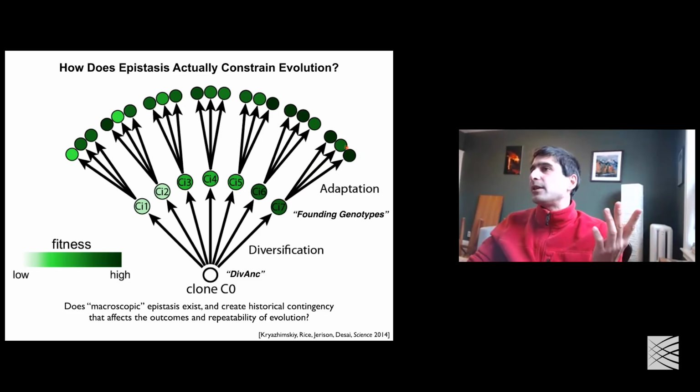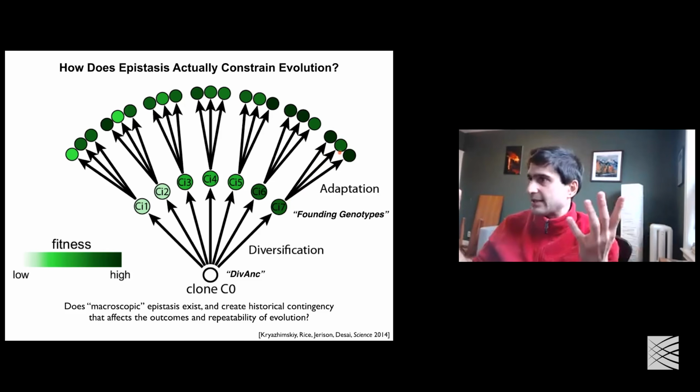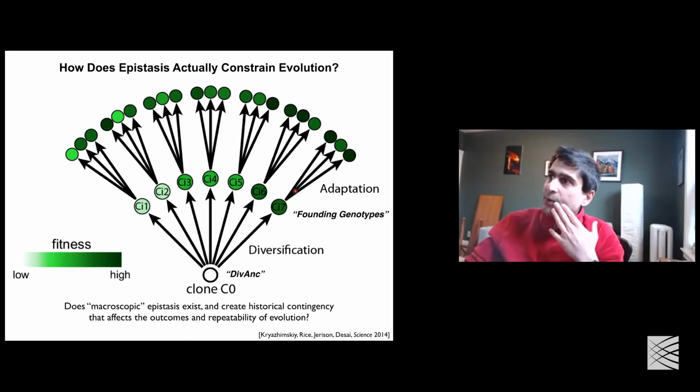Obviously there's some variation between the replicates from one of these genotypes, just because there's chance in evolution. But above and beyond that natural variation, are there systematic differences between the replicates founded from this founding genotype and those founded from this or this one? In other words, to what extent does the founding genotype affect the future evolution?